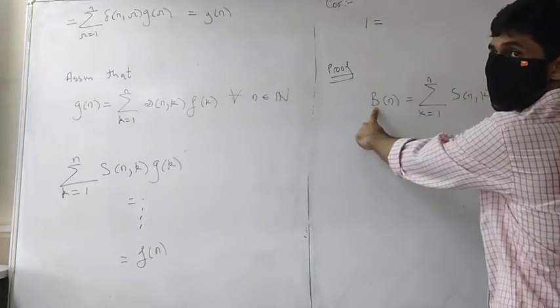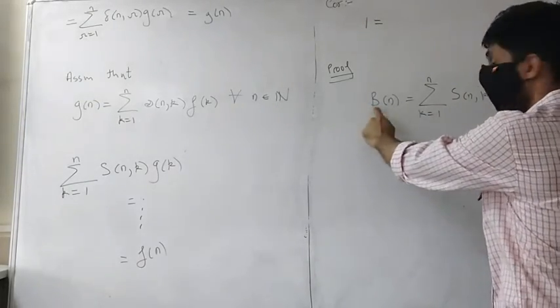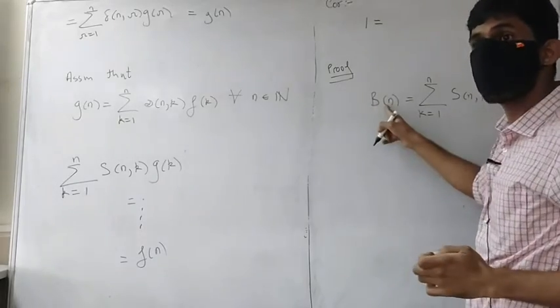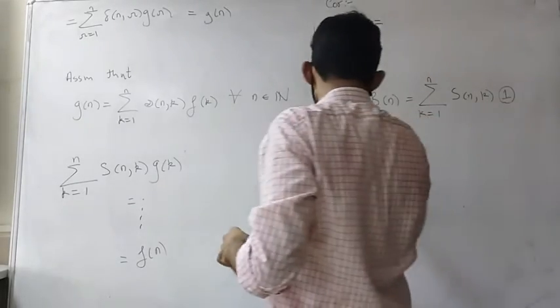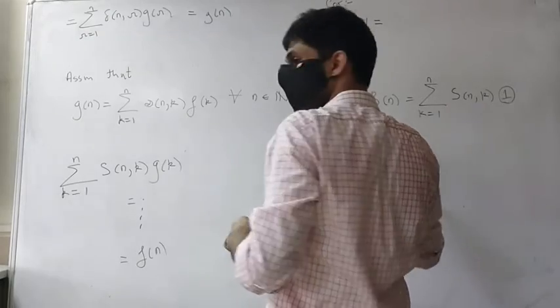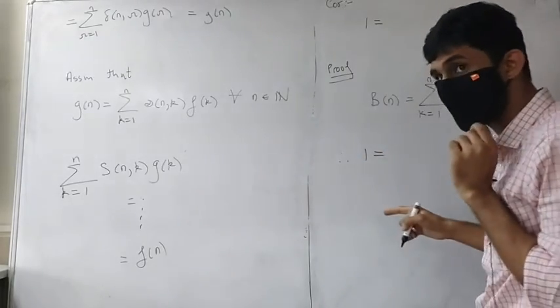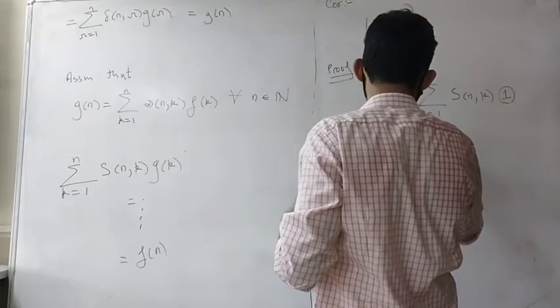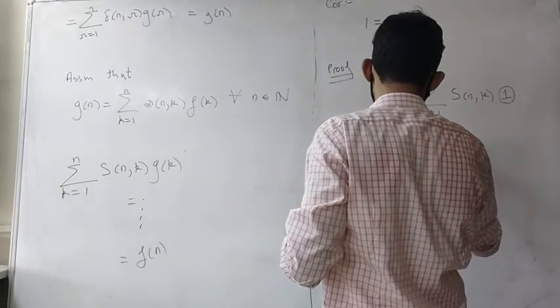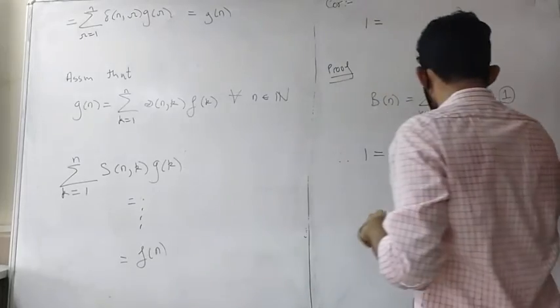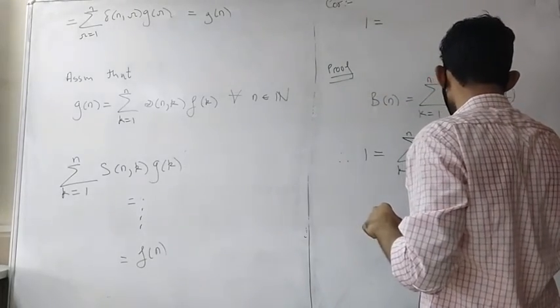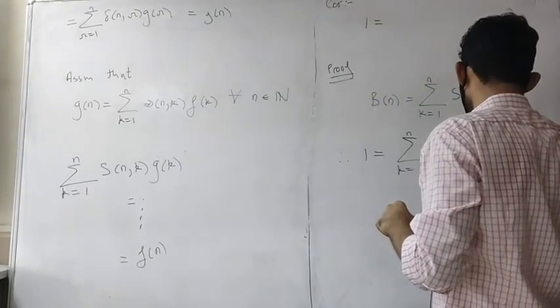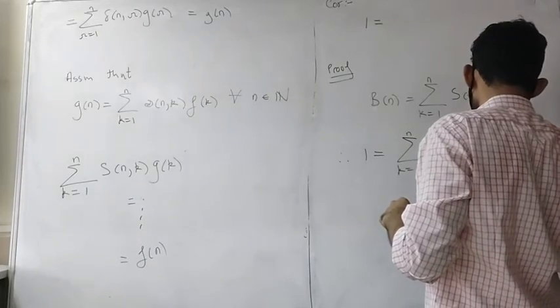F is the constant 1, and my g is b. So therefore what does this tell me? That 1, the constant 1 function, can be written as summation k going from 1 to n, small s n k, b k. Can you see what has happened here?